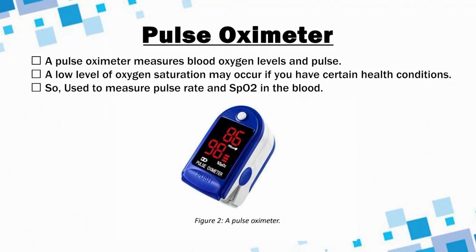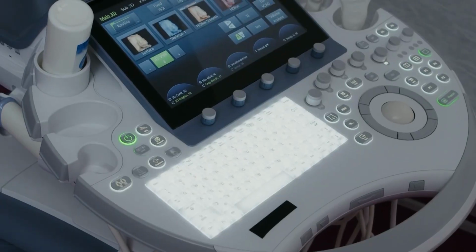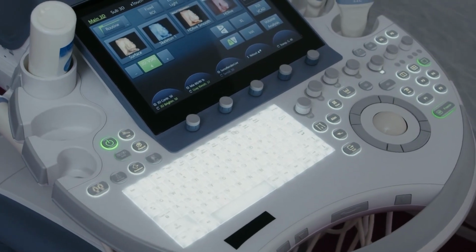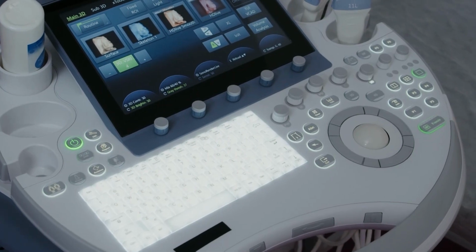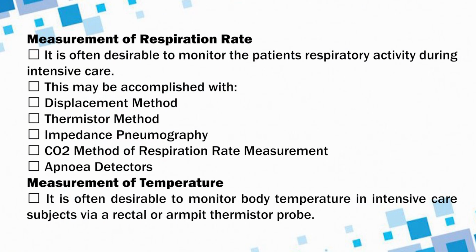A pulse oximeter measures blood oxygen levels and pulse rate. A low level of oxygen saturation may occur if you have certain health conditions. So, the pulse oximeter is used to measure pulse rate and oxygen saturation level in the blood. It is often desirable to monitor the patient's respiratory activity during intensive care.